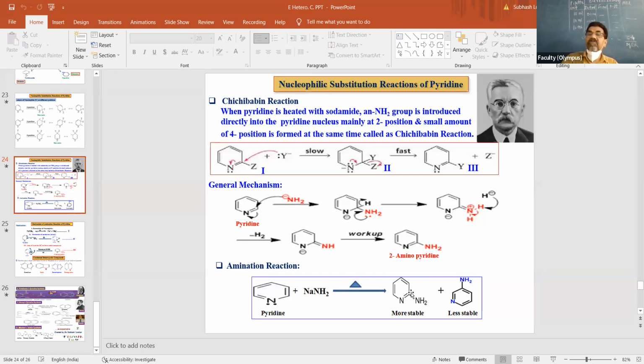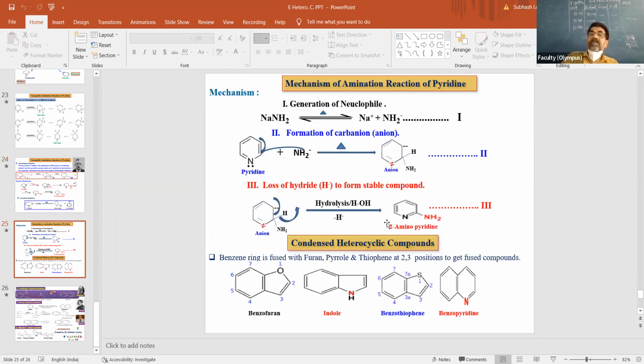This reaction was first shown by this scientist, and hence it is called the amination reaction or the Chichibabin reaction. Pyridine with sodamide, NH2, gives the 2-amino product. This is the six-membered pyridine ring and this is the mechanism. NaNH2 generates the nucleophile, and similarly the electrophile.